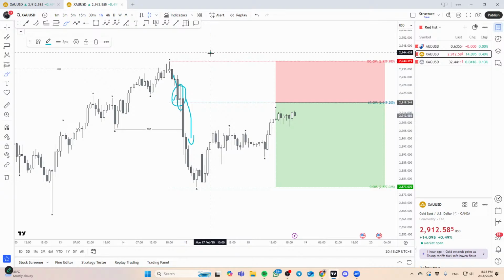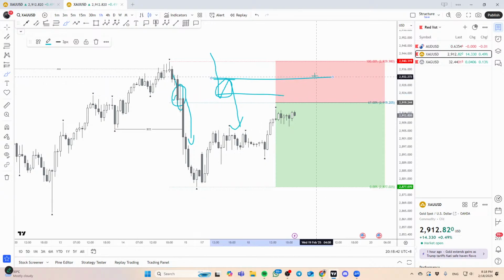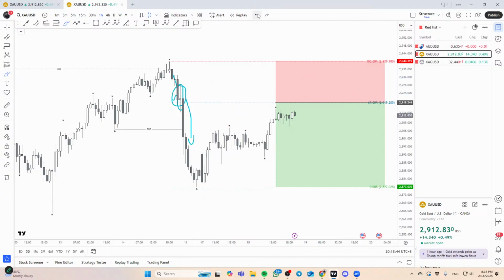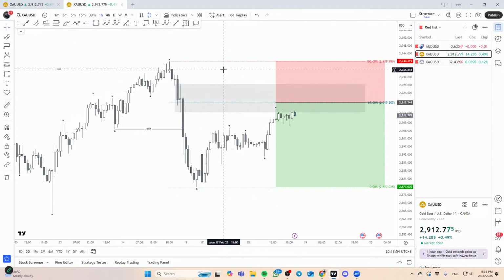So the market came down, pulled back, and then continued lower. Usually this kind of retracement area is where the order block would often be. The simplest thing is that there's a retracement candle, you take from the low to the high, and that essentially forms the order block area.